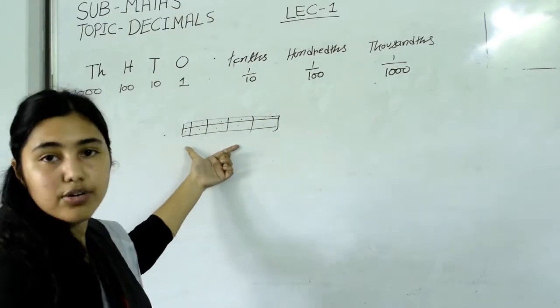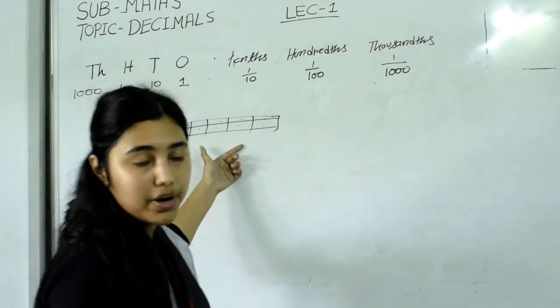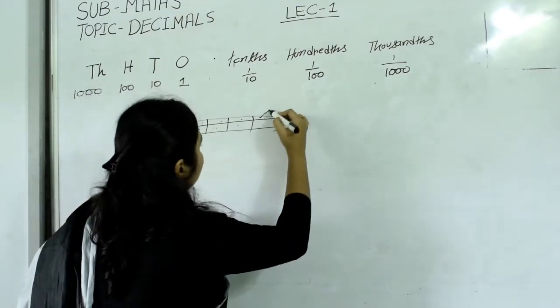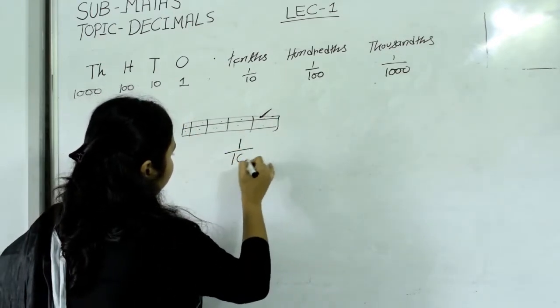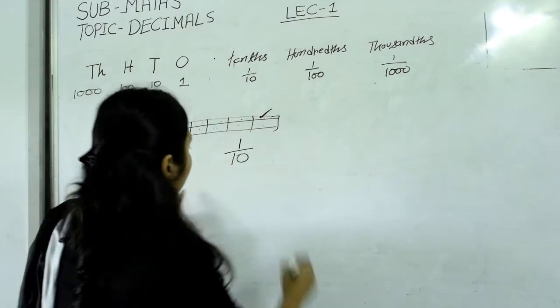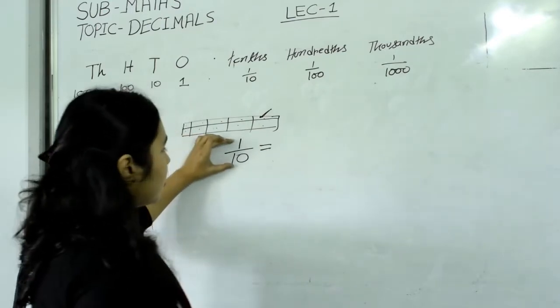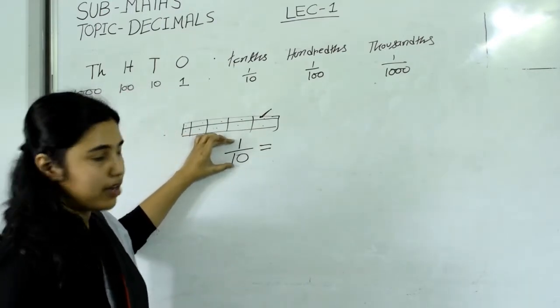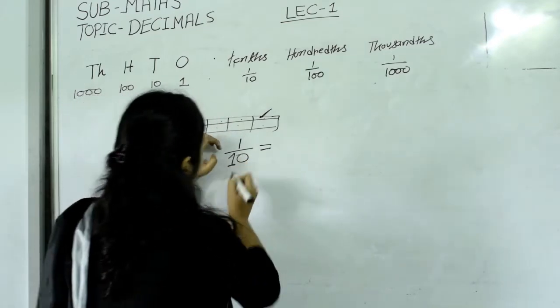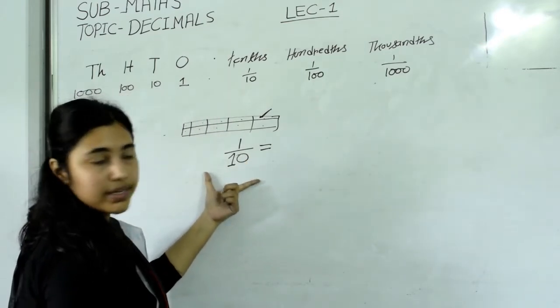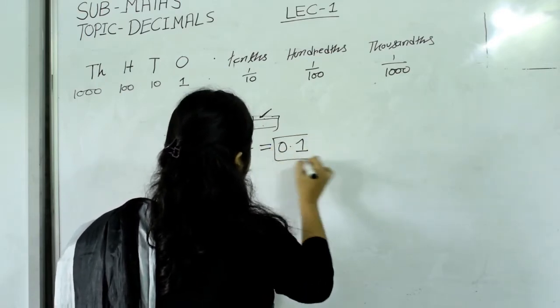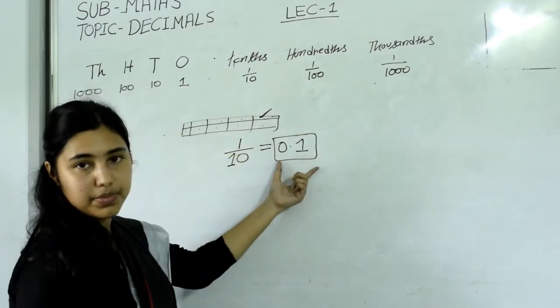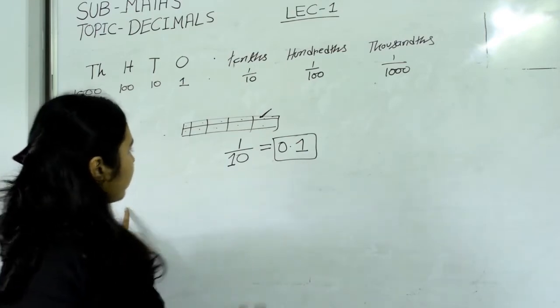Then each of these parts will be denoted as 1 by 10. This is a fractional value. And you can write 1 by 10 as 0.1. This is a decimal value.